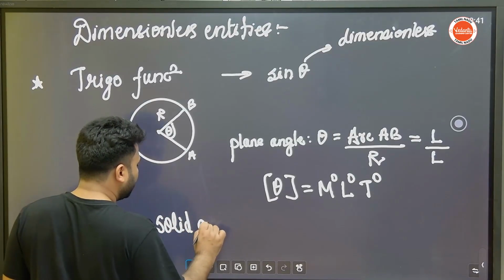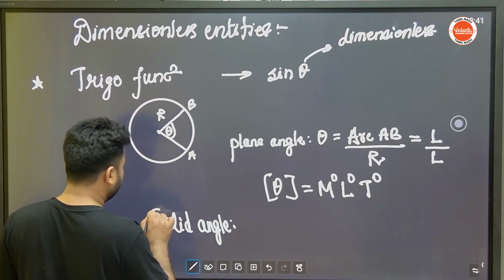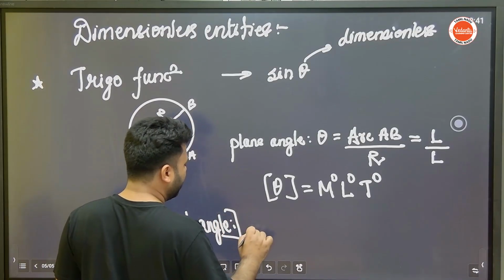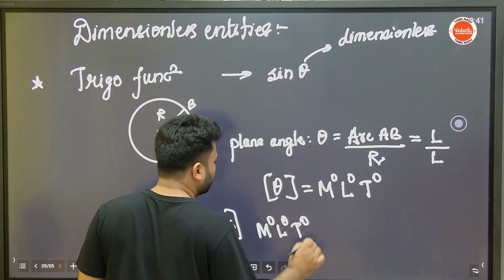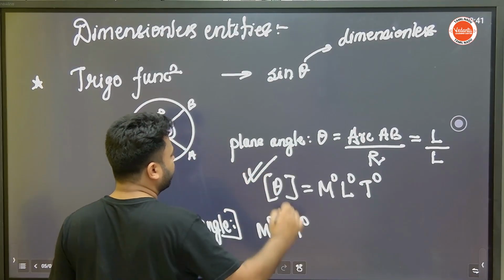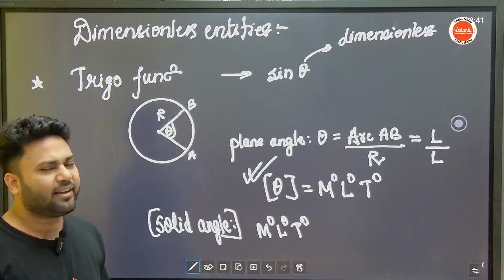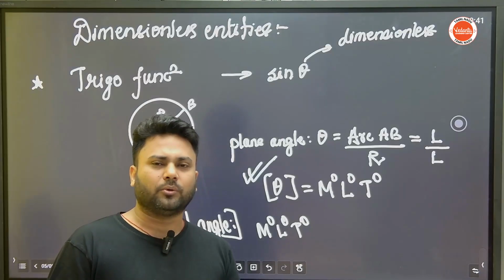Correct. Similarly, we have solid angle also. This is also dimensionless. If someone asks what is the dimension of solid angle, it will be M0 L0 T0. So remember these 2 points. The dimension of plane angle or solid angle, any kind of angle, will be M0 L0 T0.